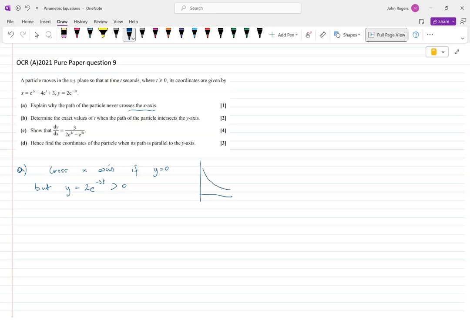It's never 0. You could try and solve it and then say you can't take the ln of 0. I think they'll probably accept that.